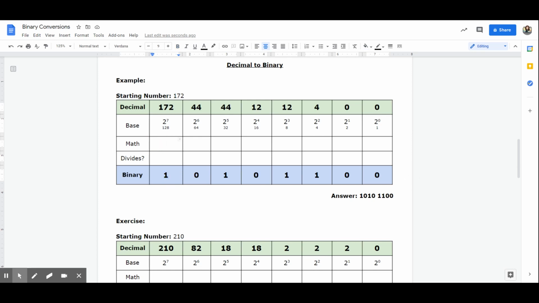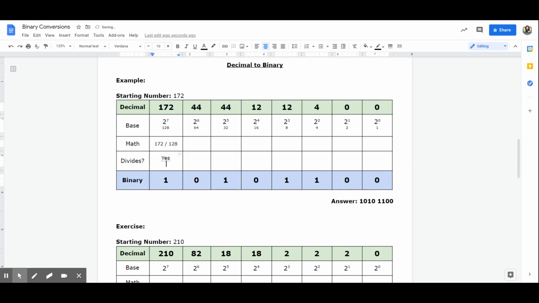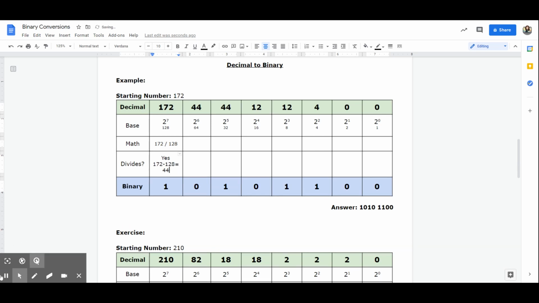The math is actually 172 divided by 128. If that can divide evenly, you're going to put yes here and then just subtract 128 from 172 and get the remainder. So 172 minus 128 is equal to 44.